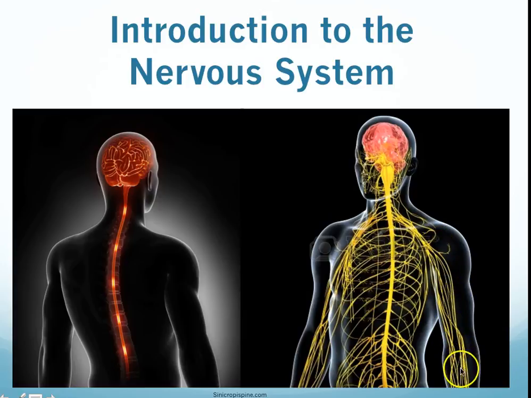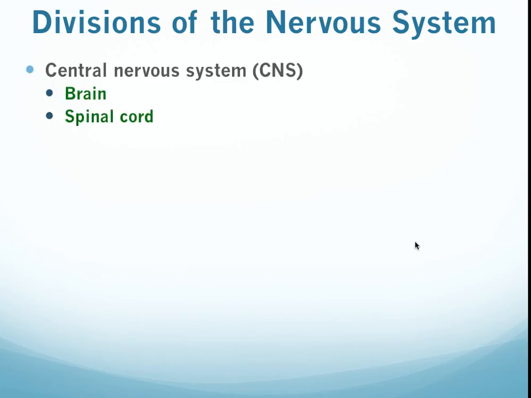Now these are nerves, peripheral nerves, and this is what we refer to as the peripheral nervous system. So two different parts, central nervous system, peripheral nervous system. And we're going to talk about their structure and their function and some really important points about each one.